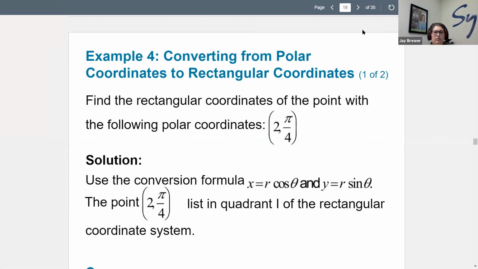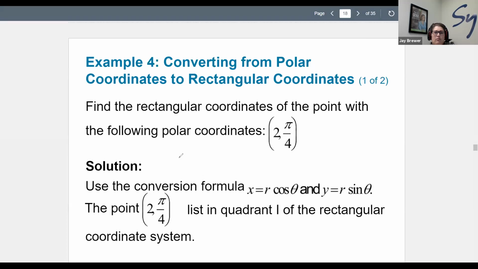I'll write it out, but you guys can definitely figure it out. So X is going to equal R, which is 2, cosine pi/4, and Y is going to equal R, which is 2, sine theta, which is pi/4.